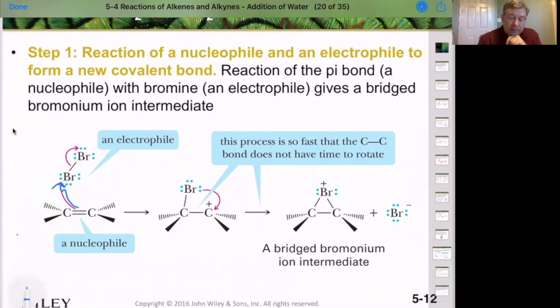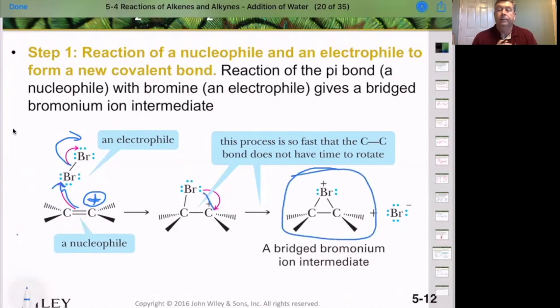When it does that, the electrons that were bonding the two bromines together with that sigma bond go to the other bromine, giving us bromide ion, okay? When it does that, we now have our partially positive carbocation here on the other carbon, and it can actually use the electrons on the bromine to make our new sigma bond here, and we actually end up with this bridged species called the bromonium ion, okay?